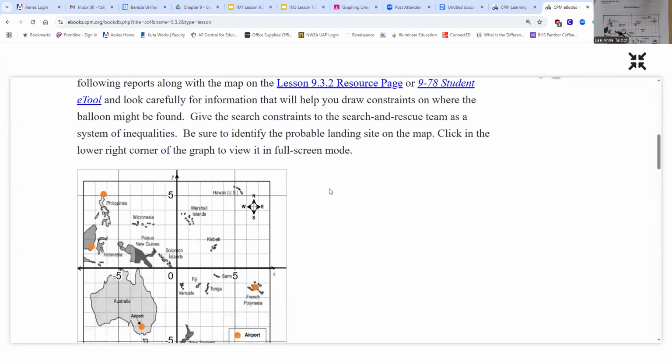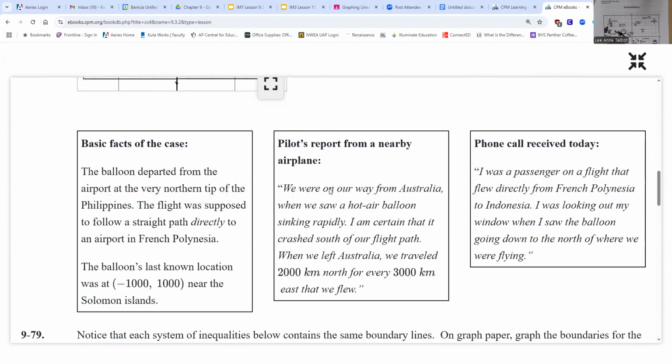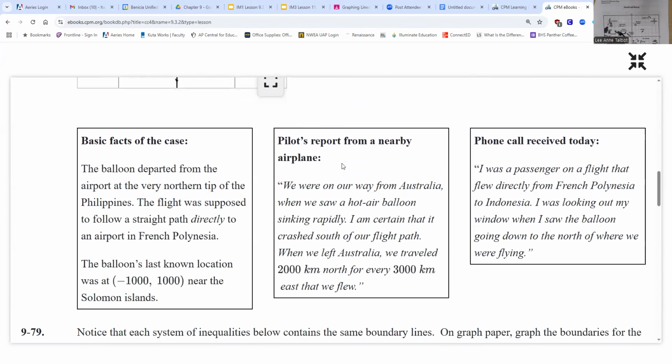Okay, I'm not going to read all of this for time purposes, but we're going to read these three bubbles, and we're going to figure out where he needs to send the search and rescue. Okay, the balloon departed from the airport at the very northern tip of the Philippines. Can you guys all find the circle that's at the top of the Philippines? Okay, the flight was supposed to follow a straight path directly to the airport in French Polynesia.